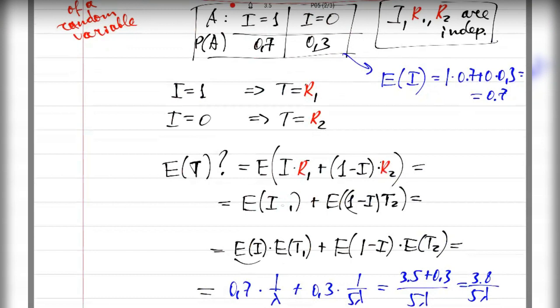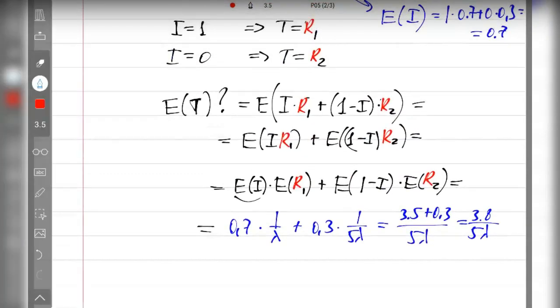That's because they are using T1 and T2 later, and it's a bad idea to use the same name of a random variable twice.